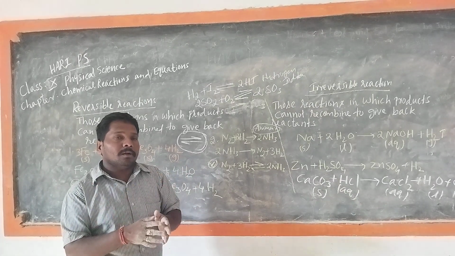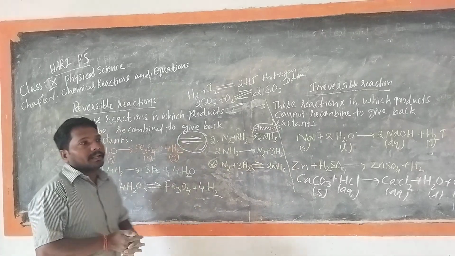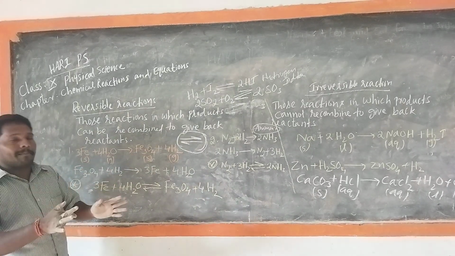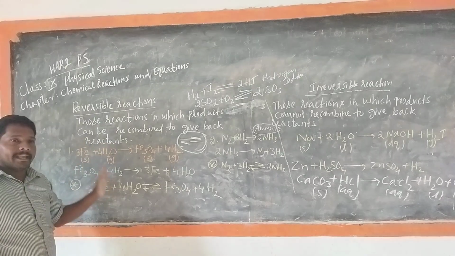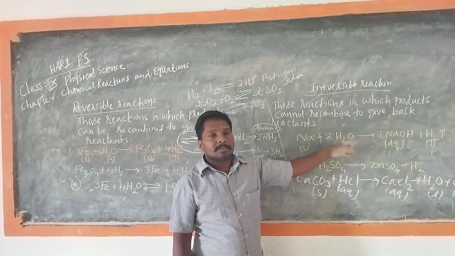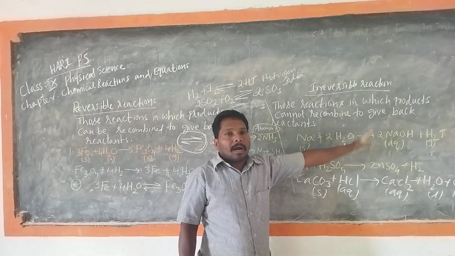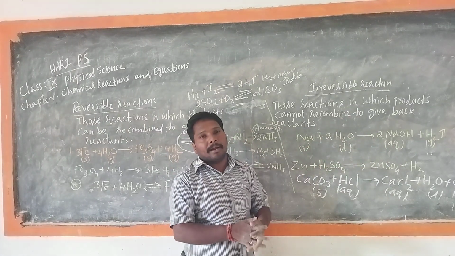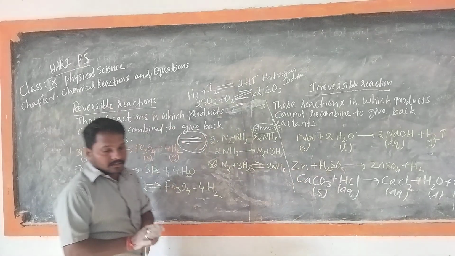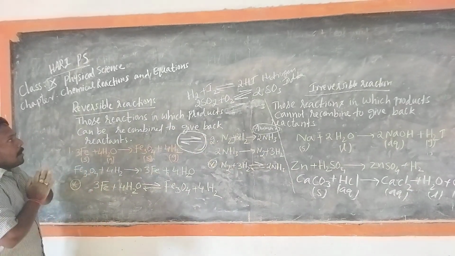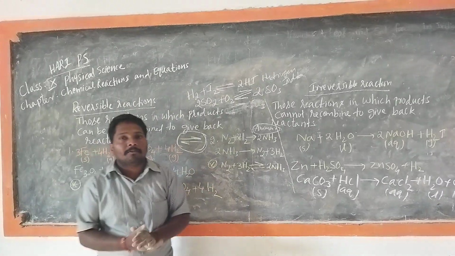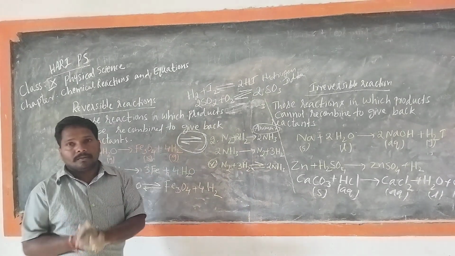In a reversible reaction, products recombine and give reactants. In an irreversible reaction, products cannot recombine to give reactants. So this is about reversible and irreversible reactions.